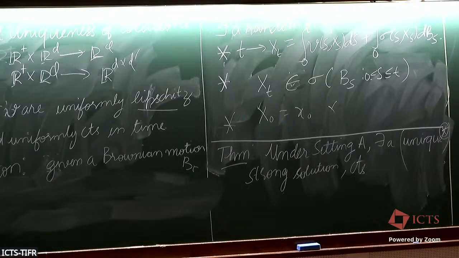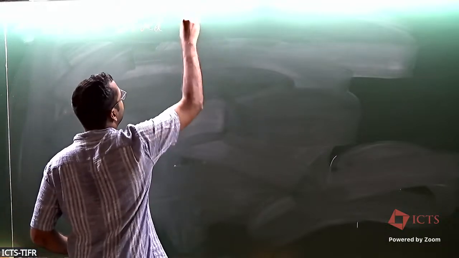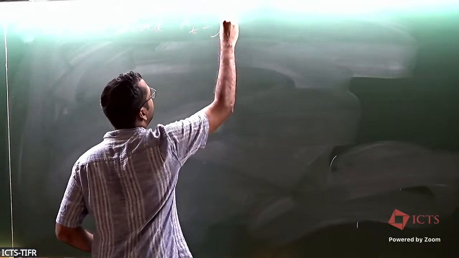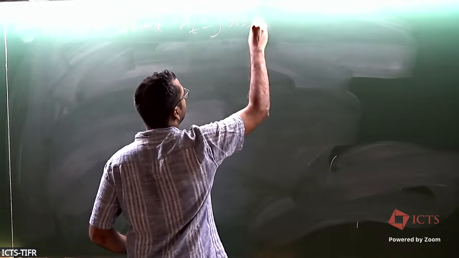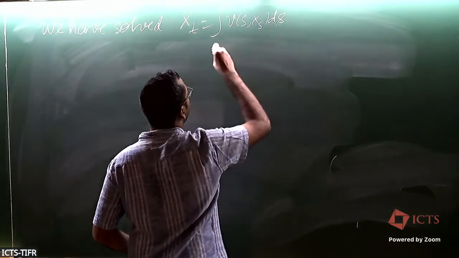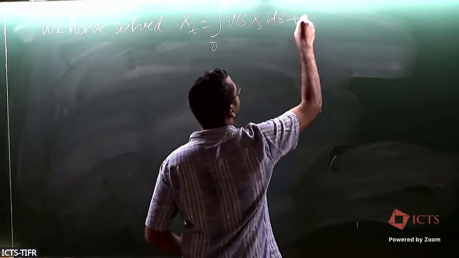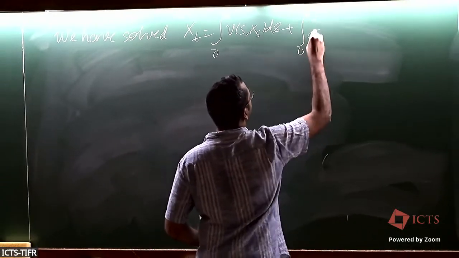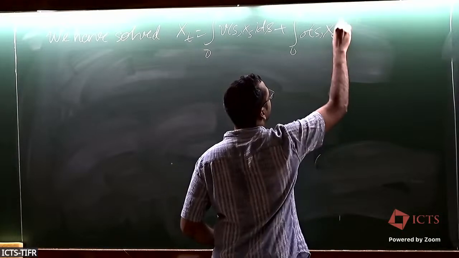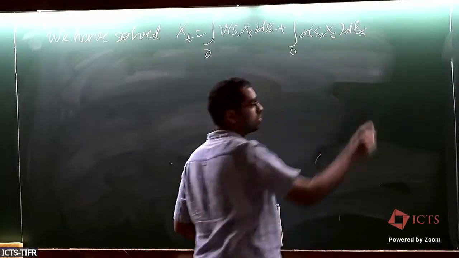Okay. So now suppose we have solved X_t equals the integral from 0 to t of v(s, X_s) ds plus the integral from 0 to t of sigma(s, X_s) dB_s.